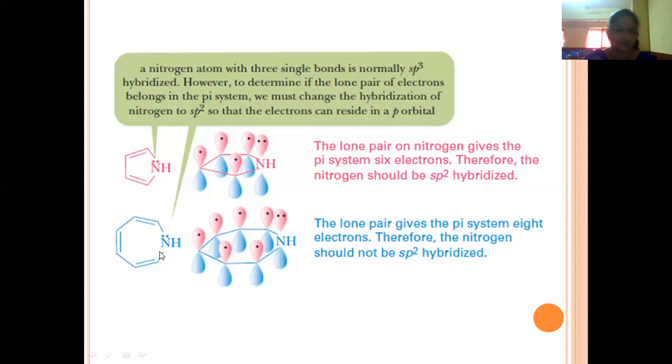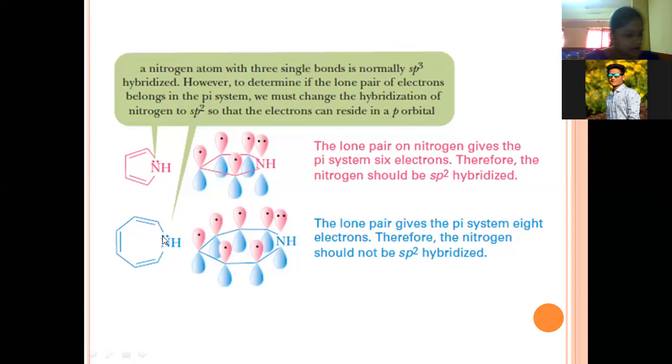That nitrogen is also going to possess a lone pair of electrons. But as the structure itself covers the 6, that is the Huckel number, in that structure, this lone pair of this nitrogen atom will not take part in showing the aromaticity of that compound. So this is all about whether the compound is aromatic or not.